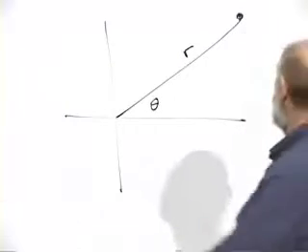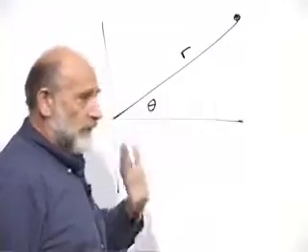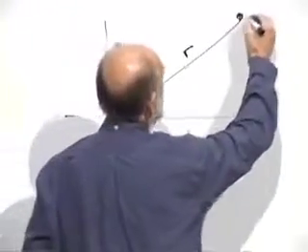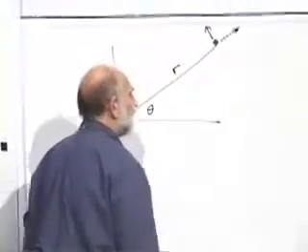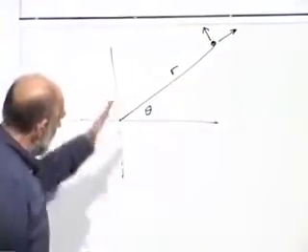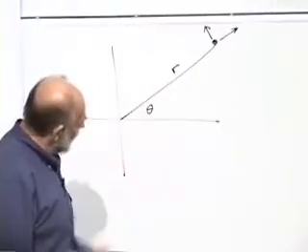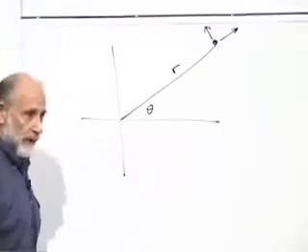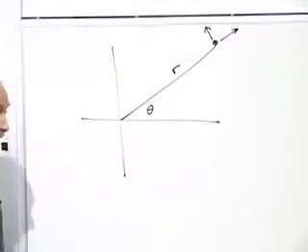Then the components of velocity: we could choose to describe the velocity by the x and y components, but we can also use the r and angular components of velocity, the component along the radial direction and the component perpendicular to it, to describe the velocity vector.